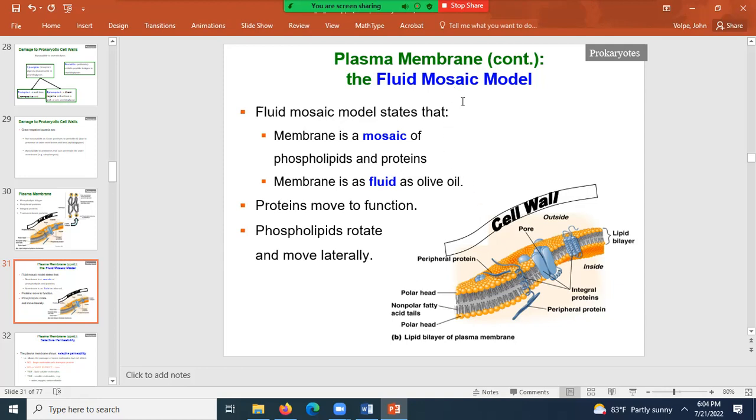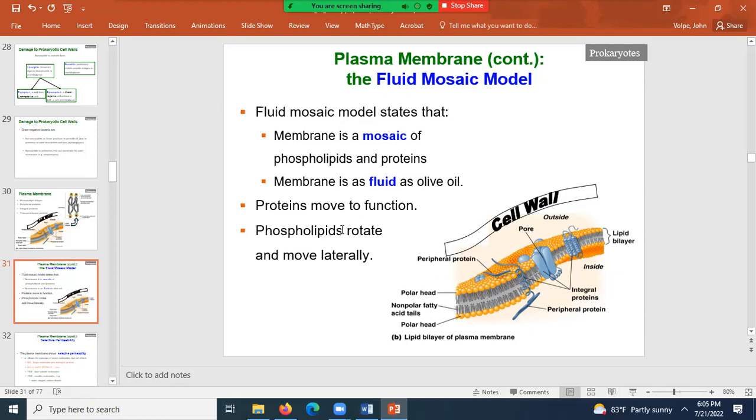Now, the fluid mosaic model states that in this fluid, the molecules can move around. The proteins can move around. They may not be fixed in place. They may be, we'll talk a little bit about that. But some of them can move.